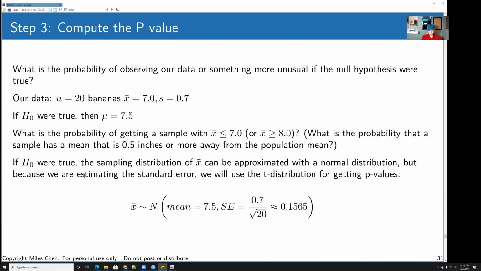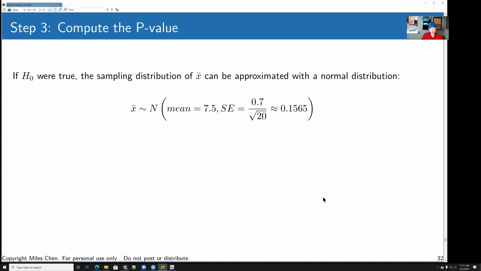Because we're estimating the standard error, instead of the normal distribution, we're actually going to have to use the t distribution. The central limit theorem says it can be approximated with the normal, but because we're estimating our standard error, we have to use the t distribution to get our p-values.